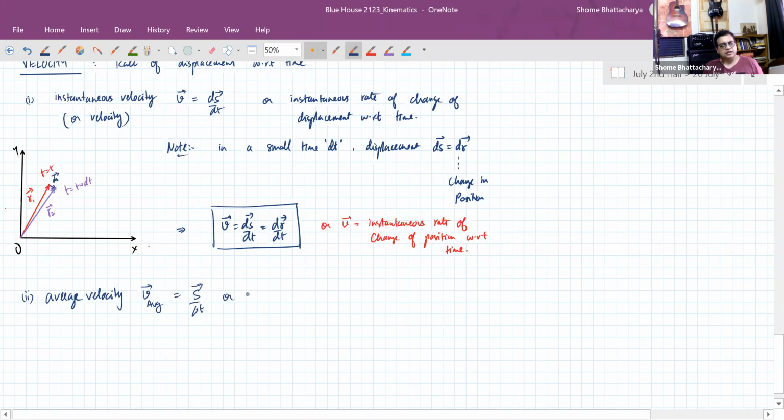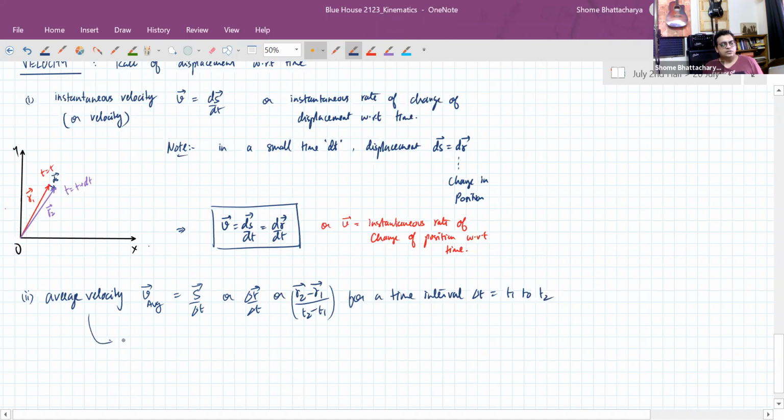So the average velocity is total displacement divided by the time interval, or we can write this as delta R by delta T. That's the same thing as R2 minus R1 divided by T2 minus T1, for a time interval delta T equal to T1 to T2.